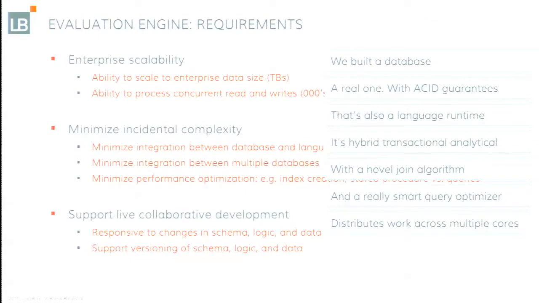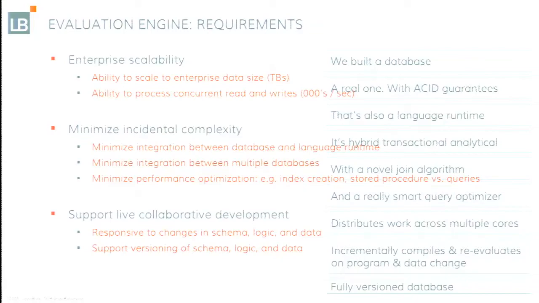Okay? And finally, we knew that we wanted to support live and collaborative development because that's important for end users. So the underlying engine has to be responsive to changes in the data model, in the logic, and in the data. So our evaluation engine has an incremental compiler, and it also re-evaluates incrementally on program and data change.